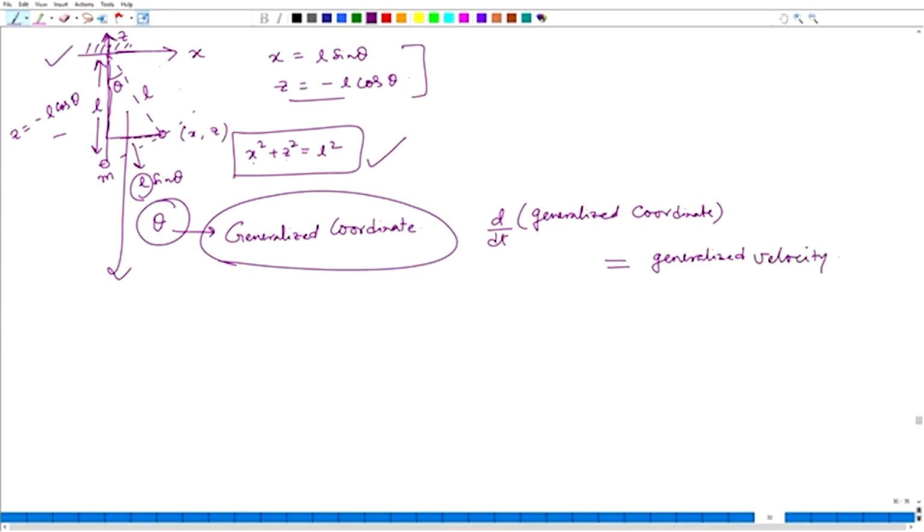In general, generalized coordinates are designated by the symbol q and generalized velocities are designated by q dot. So, for example, in a system where the effective degree of freedom is 2, you need two generalized coordinates q1 and q2, and there will be two corresponding generalized velocities q1 dot and q2 dot.